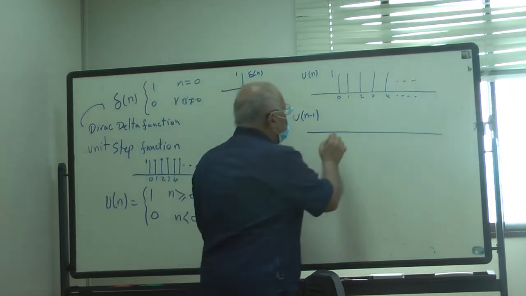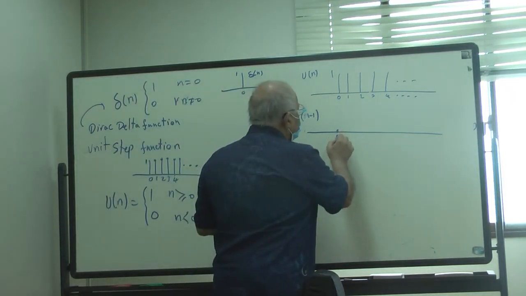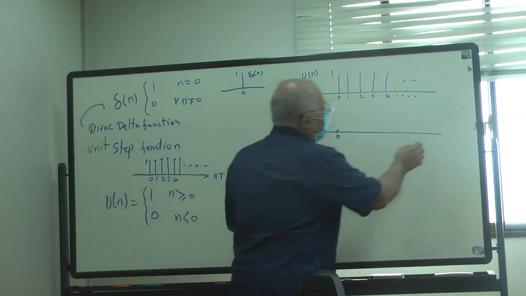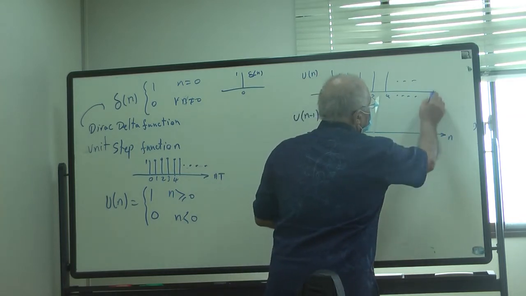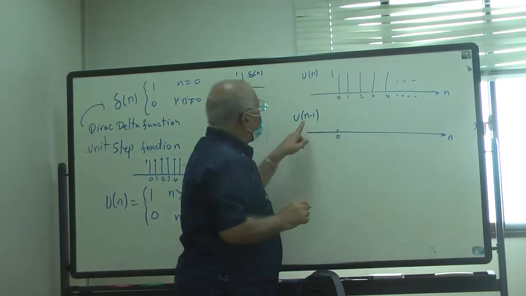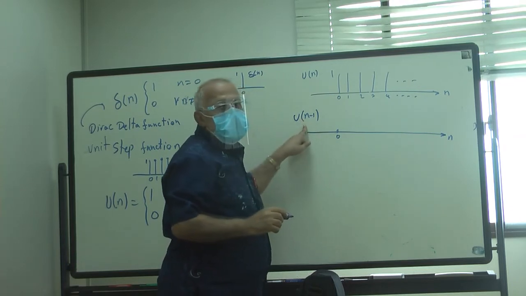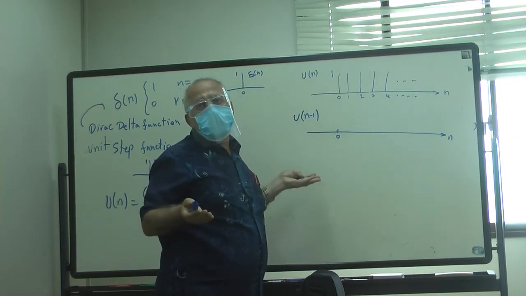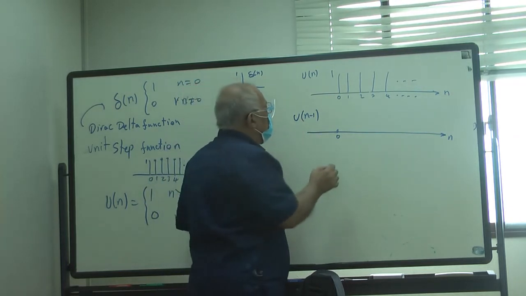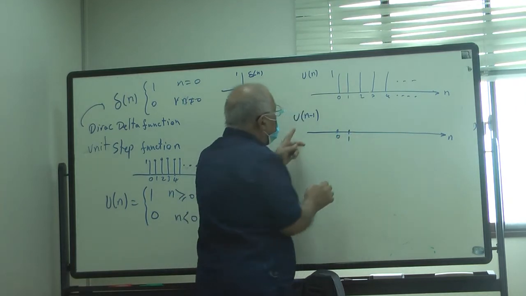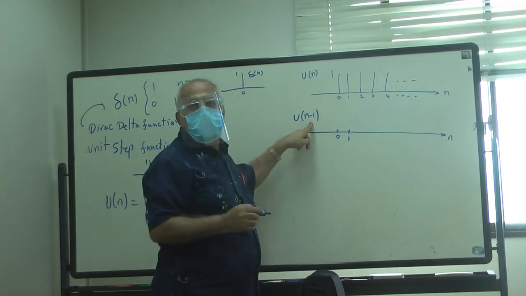So at n equals 0, n minus 1 is minus 1, so no meaning. But at 1, the argument is 0.